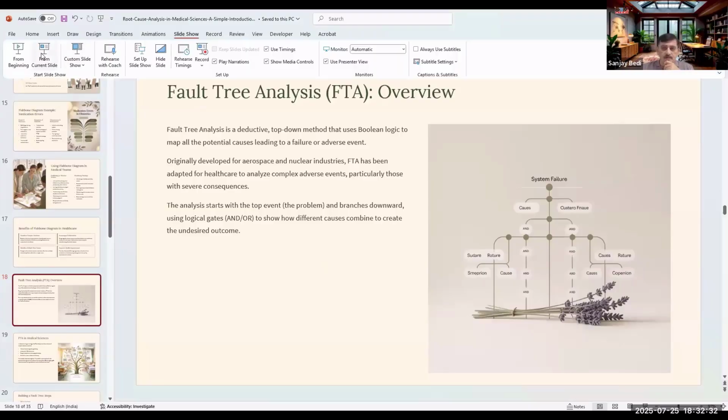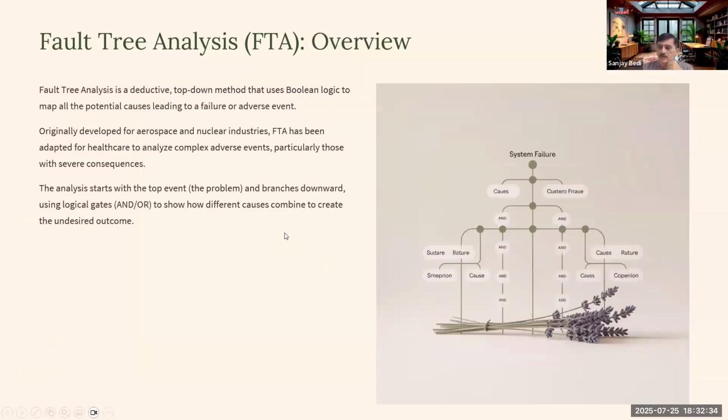Now, one variation of the fishbone diagram is the fault tree analysis. Again, this has been used in the aircraft industry and nuclear industry, but now it is being made available to the healthcare industry also.